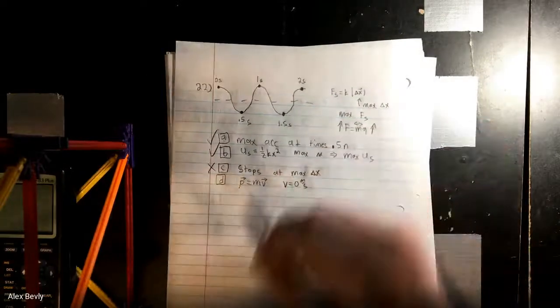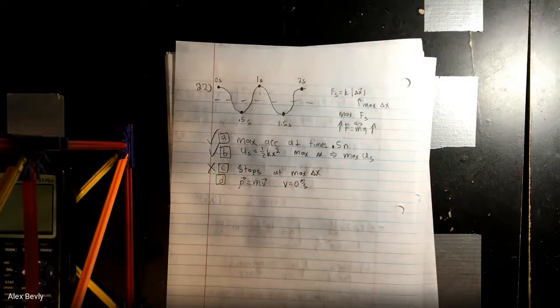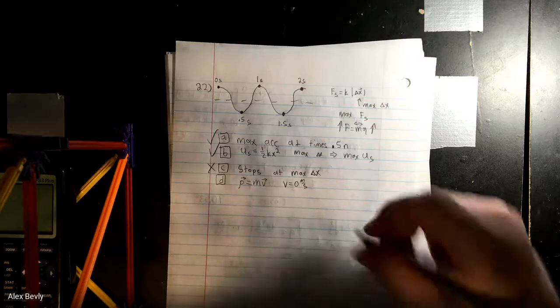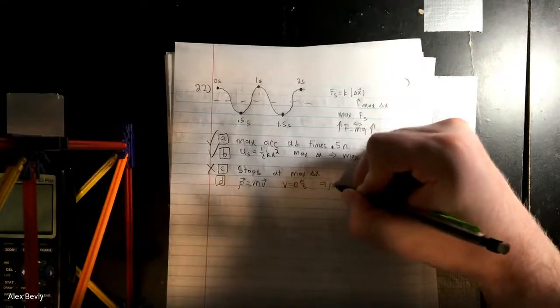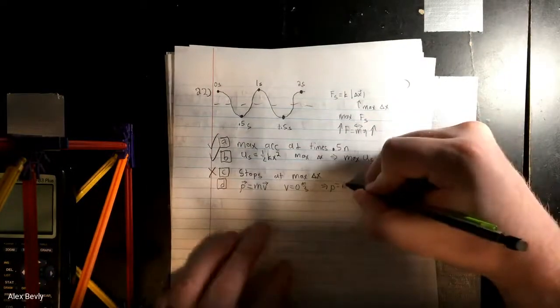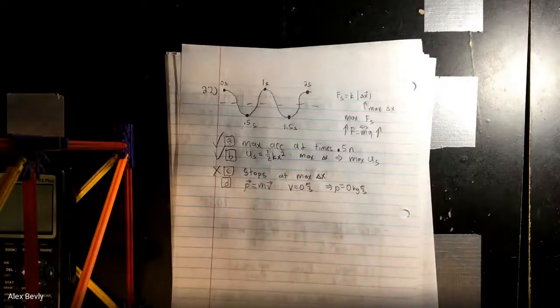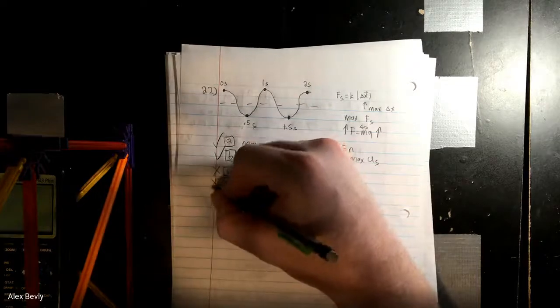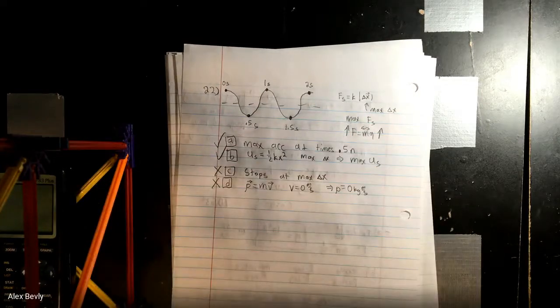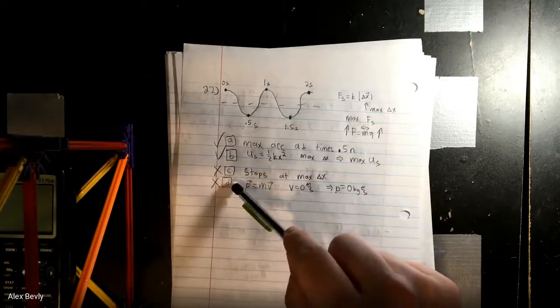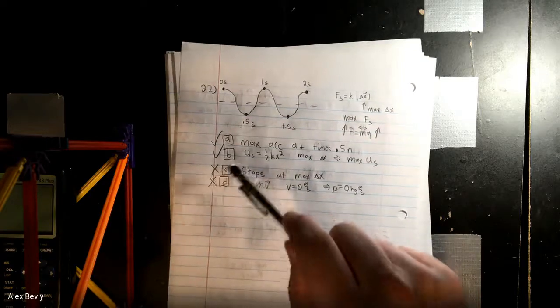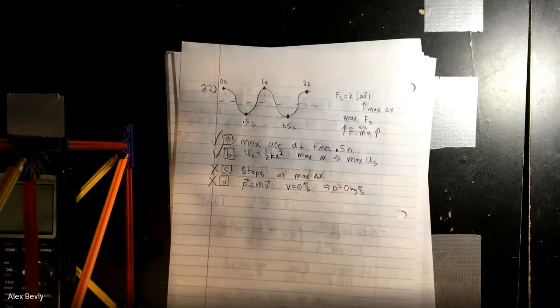So because our speed is 0, that means our momentum is 0. So, no, we have absolutely no momentum there. What points would C and D be true at? Where would we look for C and D to be true? Where we have the maximum speed and the maximum momentum.